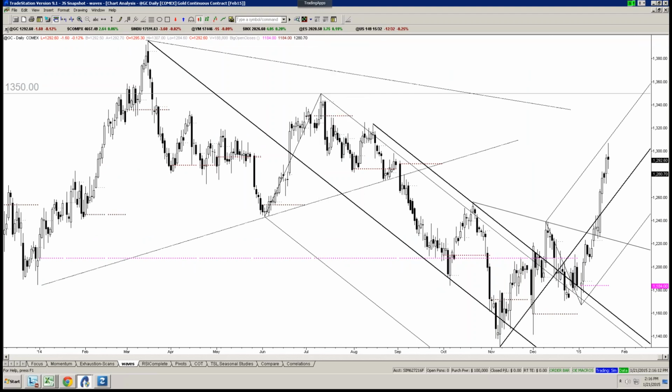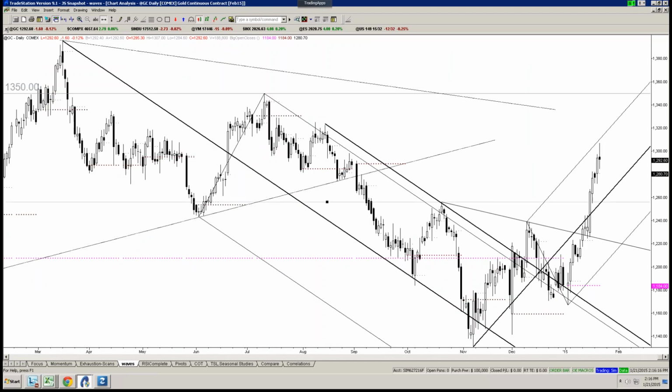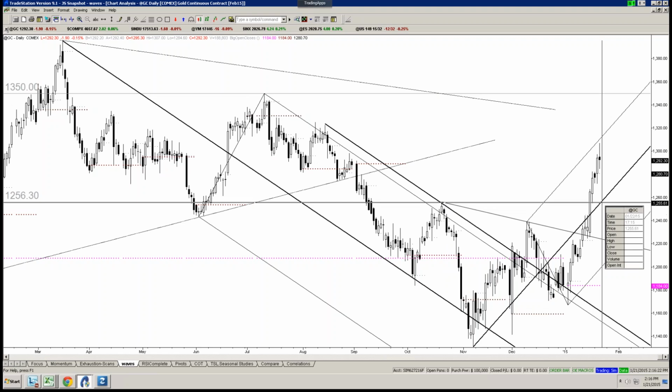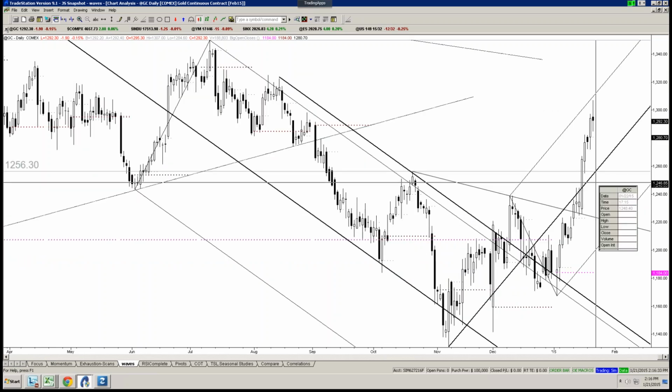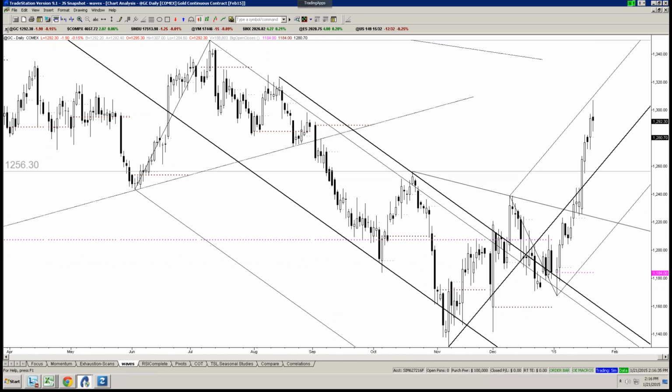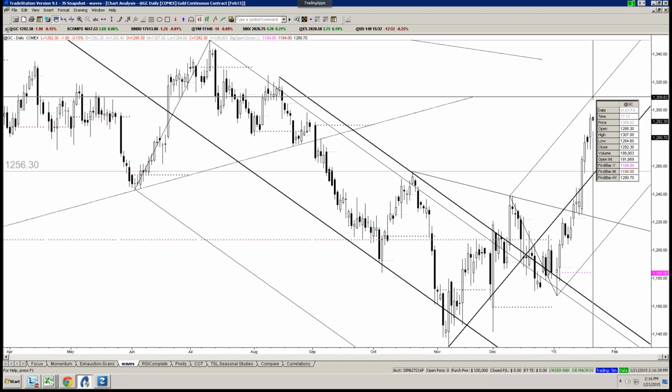Gold's had a run, and it's definitely prone to a pullback after the run we've had. The level I'd be looking for support is probably 1256. Now, with ECB tomorrow, you're going to get a volatile session. I would not be that surprised to see gold get slammed from pretty close to here. We did come very close to hitting this upper parallel as well, up near 1310.